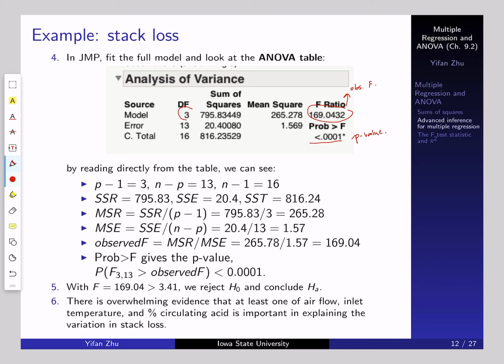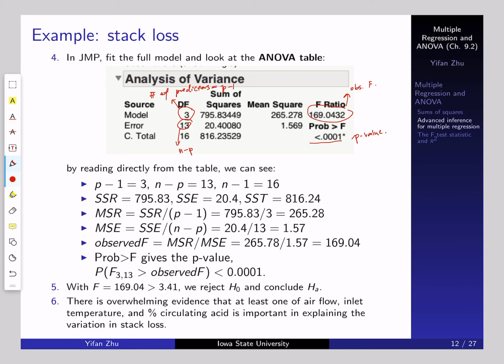The degrees of freedom 3 here is the number of predictors, which is p minus 1. And the degrees of freedom for error is just n minus p.